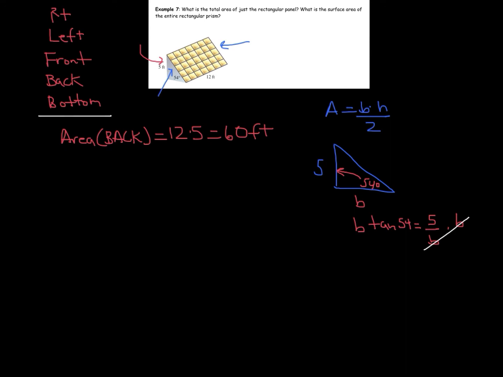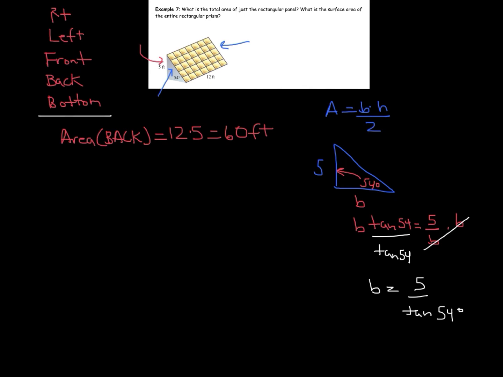And then we need to divide by the tangent of 54 on both sides. So b is actually going to be 5 over the tangent of 54. Now notice that if you go back to the original problem, the b and the tangent of 54 just kind of swapped places. So if you can recognize that, you can use that little shortcut going forward.